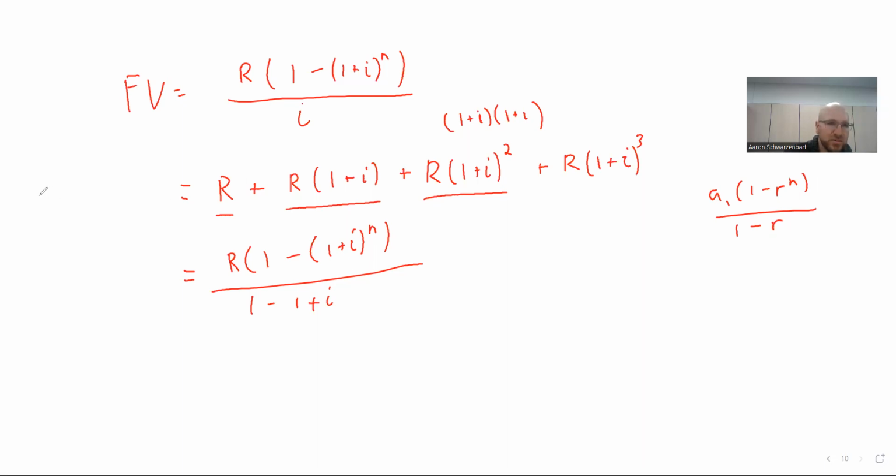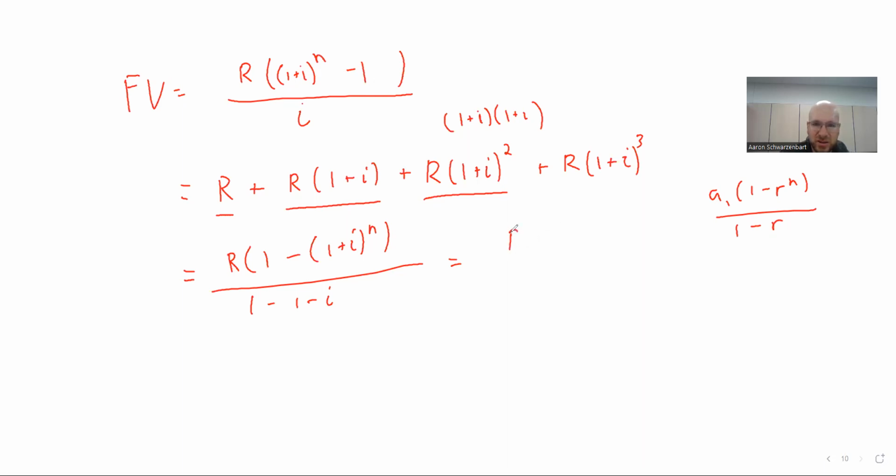And we do end up, it is a negative. We end up with, oh, I wrote that formula backwards. This is not the correct formula at the top. This is 1 plus I to the N minus 1.